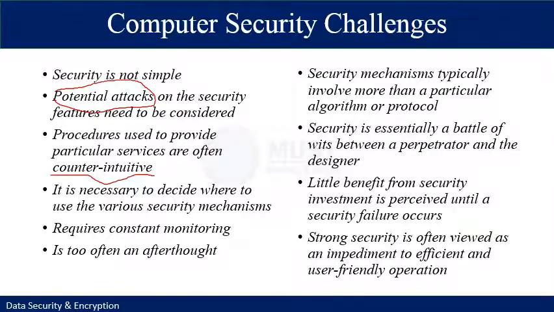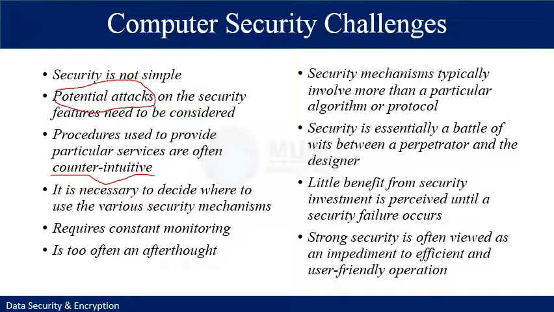So next one is that it is necessary to decide where to use various security mechanisms. This is a tricky question. For example, you should be able to study the system in detail and decide exactly at which point your security mechanisms are installed.